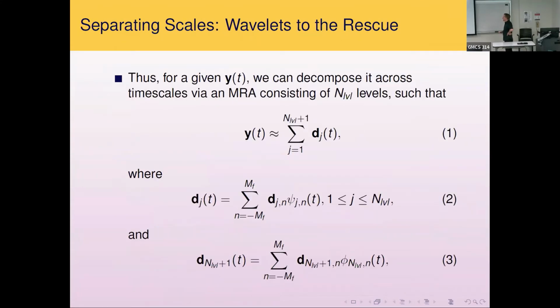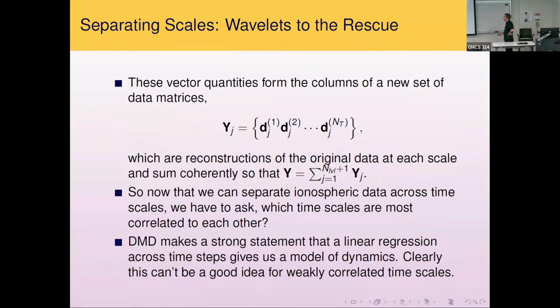So when you think about that for a second, you're like, okay, if I have these different time scales, I can also ask, what are the correlations among those time scales? Which time scales actually talk to each other more than others, right? And if two time scales really aren't talking to each other terribly much, if they're very weakly correlated, why would I try and slap a linear fit between them? That's probably not terribly bright.